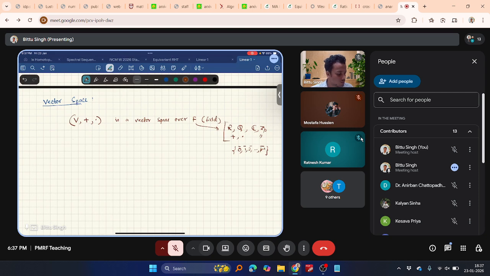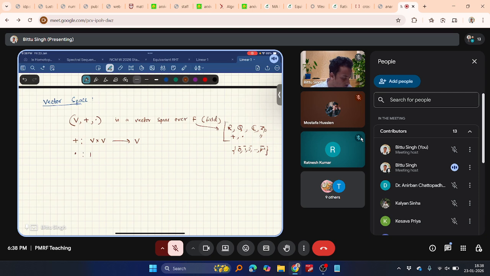Now what is the definition of a vector space? It means there are two operations. One operation is over V, so from V and V we get an element of V, and there is another operation.